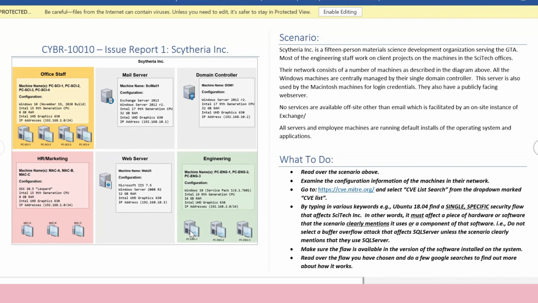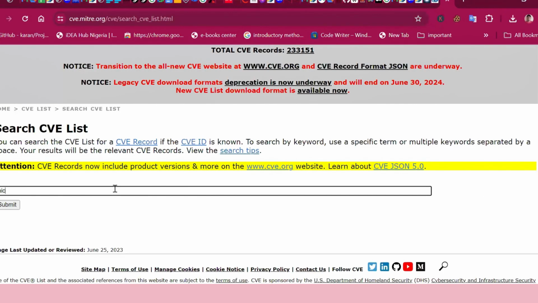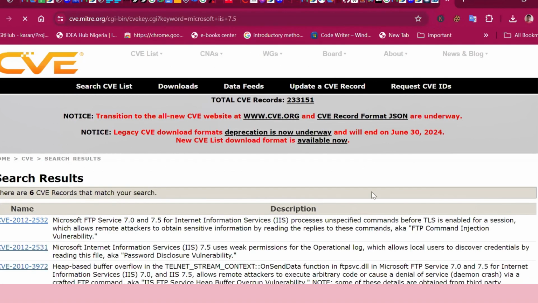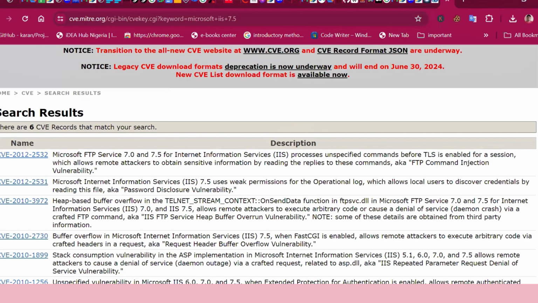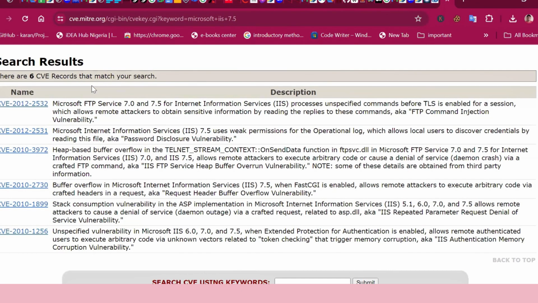All right, so let's look at Microsoft IIS 7.5. Let's see what we find. Okay, so we can see some CVEs that match our search.